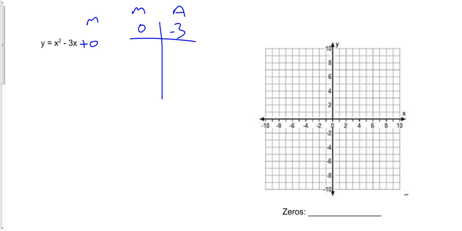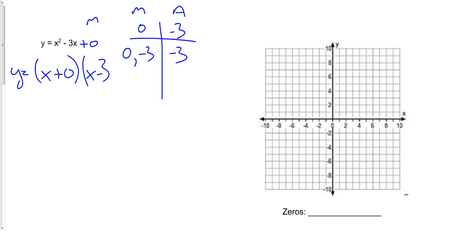When two numbers multiply to 0, one of them has to be 0. And for them to add together to be negative 3, the other has to be negative 3. So in this instance, my factored form is going to be x plus 0 and x minus 3.